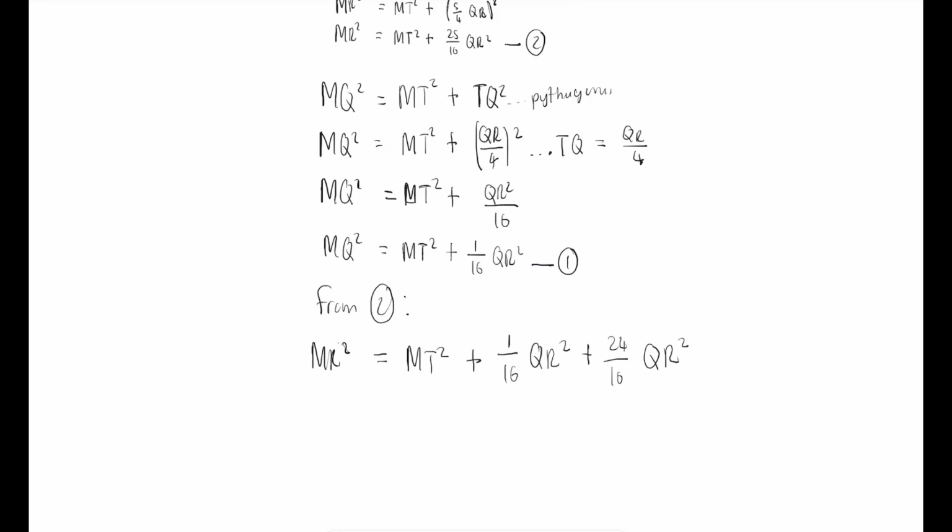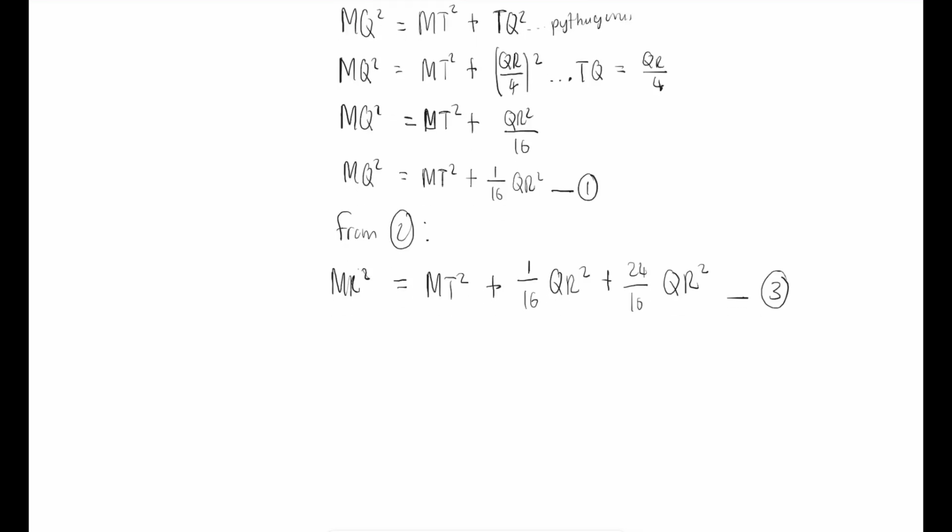So if I let this be equation 3, then I'm going to substitute my equation 1 in 3, meaning that I'm going to replace this whole thing with what it is equals to, which is MQ squared.